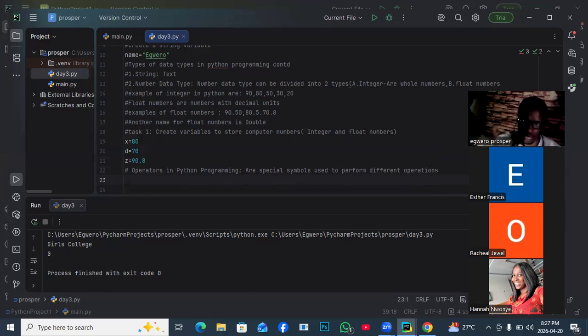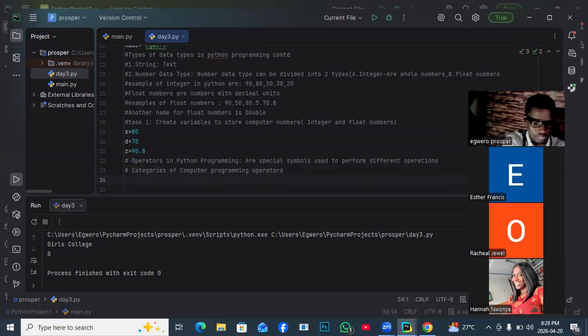So now let's start with the types of operators. Since we know that operators are special signs used in performing different operations, let's look at the categories of computer programming operators. I will just focus on the basic ones based on our standards.